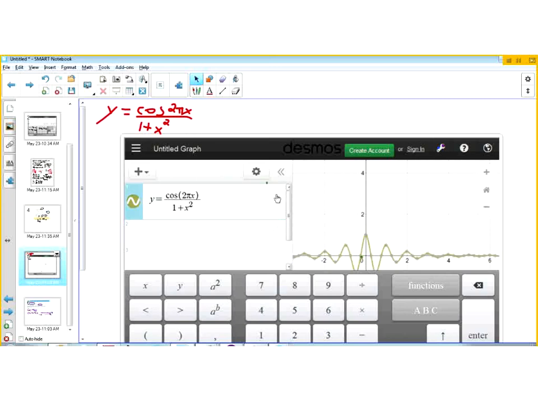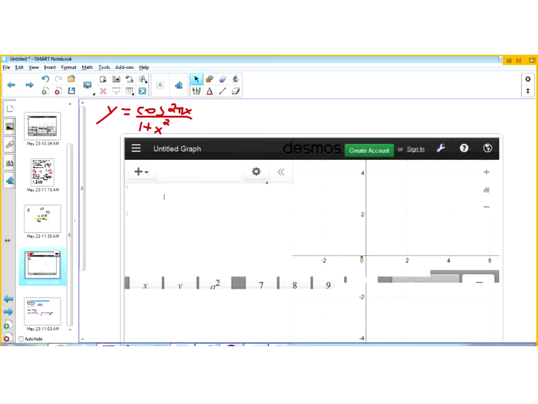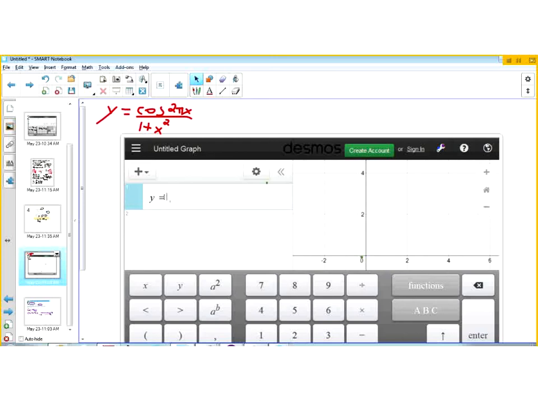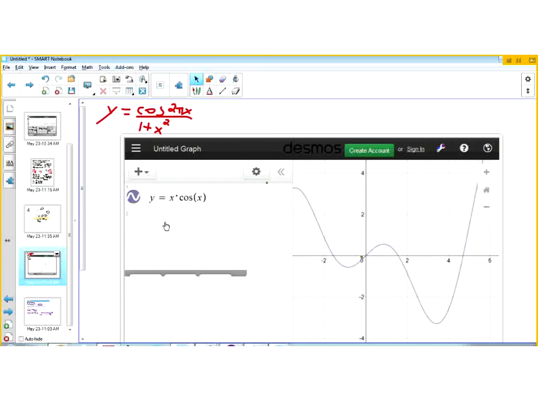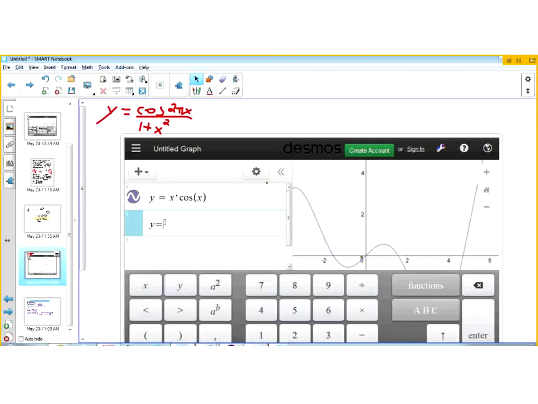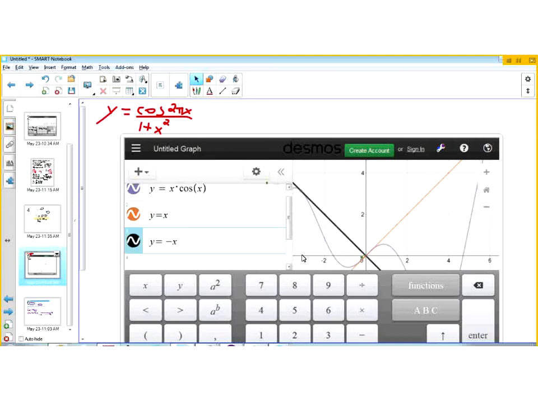How about we consider the graph of y equals x times cosine of x. And that's shown in purple. The way this curve was derived looks kind of strange, doesn't it? What we did was draw the envelope by first graphing y equals x, which is shown in orange, and then we completed the envelope by graphing y equals minus x, which is shown in black.